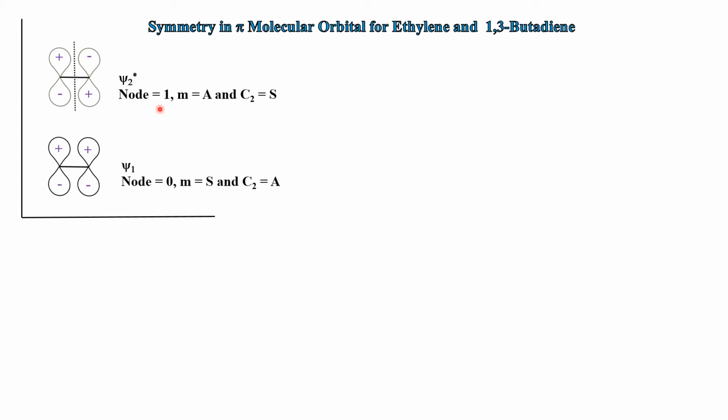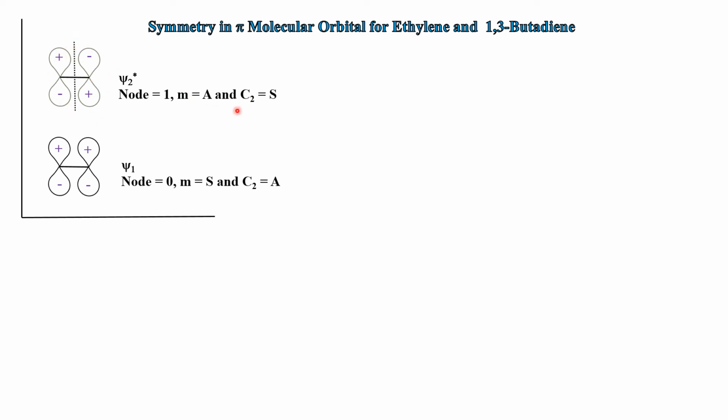Now we come to symmetry. If we talk of M symmetry, this arrangement of molecular orbital is not M symmetric. So we say M symmetry is asymmetric. And C2 symmetry exists.